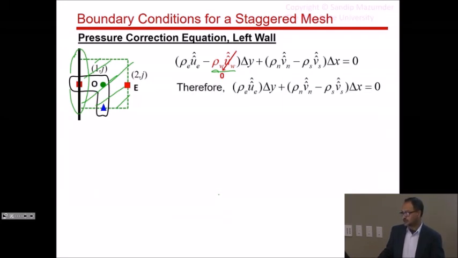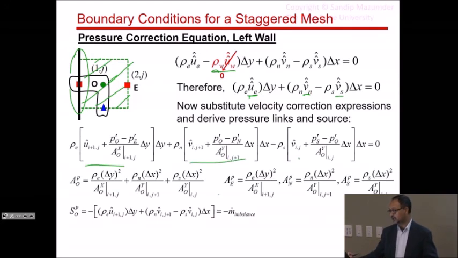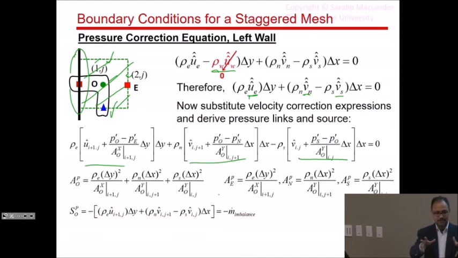For the rest of the terms, you simply use expressions for these three, like I've done here, straight out of your notes for interior faces, because this, and that, they're all interior faces. Okay? And then you derive your corresponding link coefficients, your mass imbalance, and there you go. Essentially, all that has happened is I've just taken my expressions for the interior control volume and just erased the western terms, because the western velocity goes to 0. Okay? And I get this.